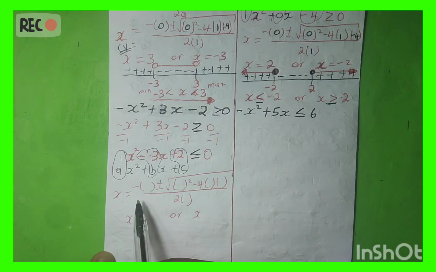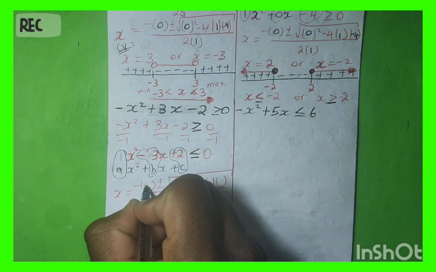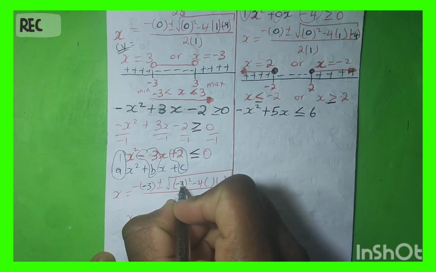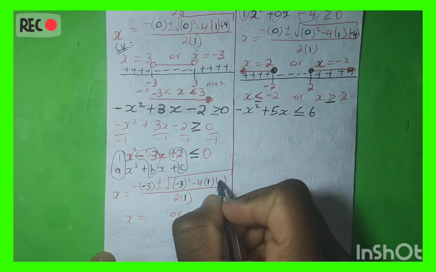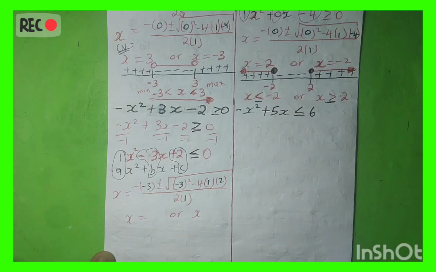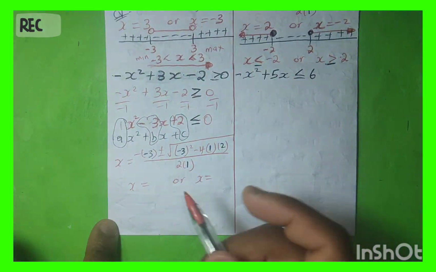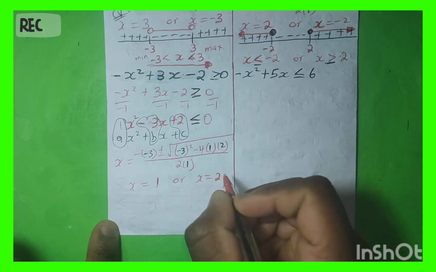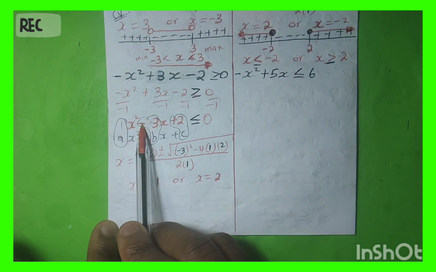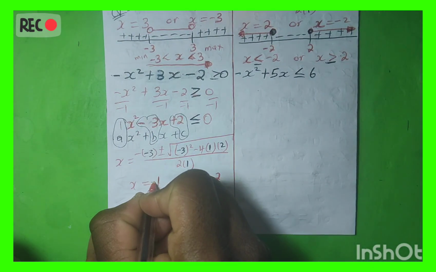My b is minus 3, my a is 1, then for c it's 2. Pressing this on a calculator, I think this is what you should get, which is 1 and 2. But different signs, so here I think that it's negative there.